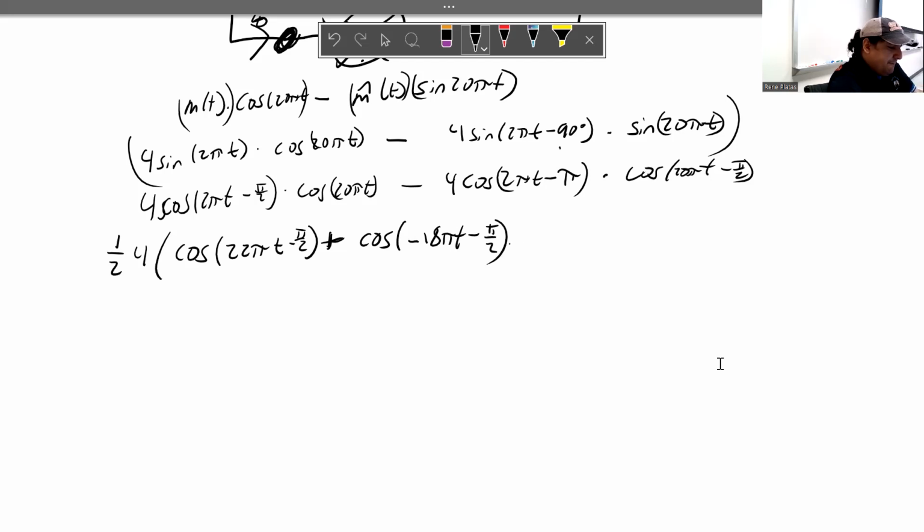That's the first one. Minus 1/2, the amplitude 4, the cosine of sums, which is 22 pi t minus 3 pi/2.